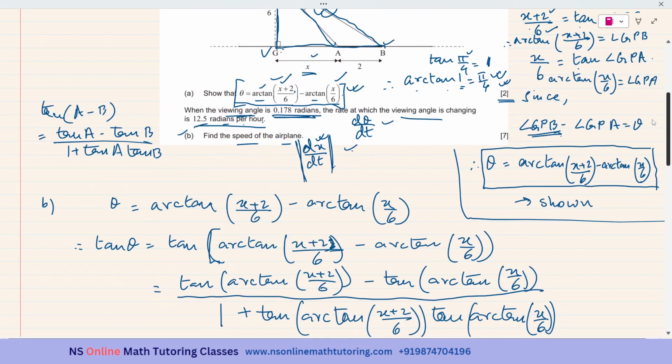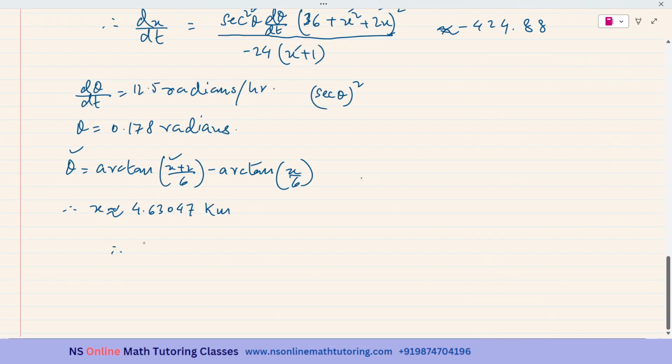So therefore, the speed of the airplane, right? Speed of the airplane, yes. The speed of the airplane, now I'll not be taking the negative sign because it is the speed.